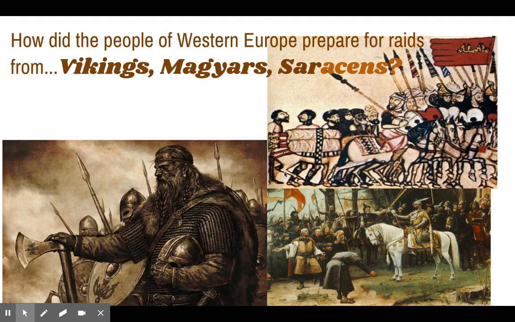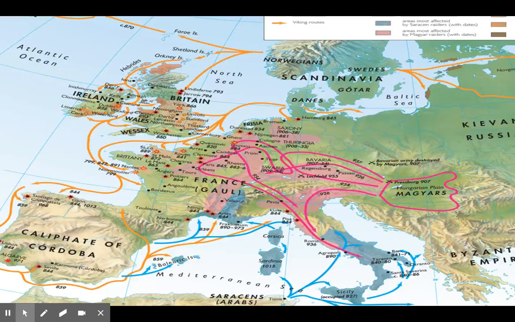So, question 1, or the first question, I should say. How did the people of Western Europe prepare for raids from Vikings, Magyars, and Saracens? And so you have Vikings, of course, we know them, but the Magyars and Saracens are like horse people from Asia, and then you have the Muslims from North Africa.